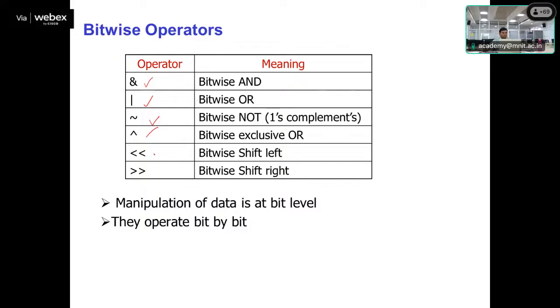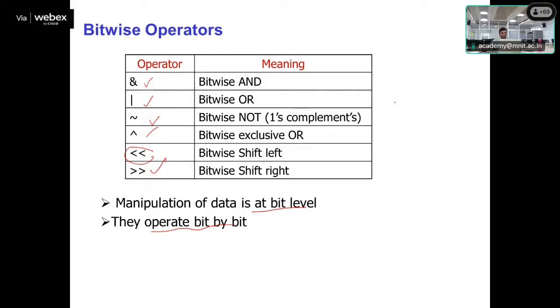This is the bitwise left shift, and this is the bitwise right shift. So these bitwise operators work at the bit level of data. They operate bit by bit.